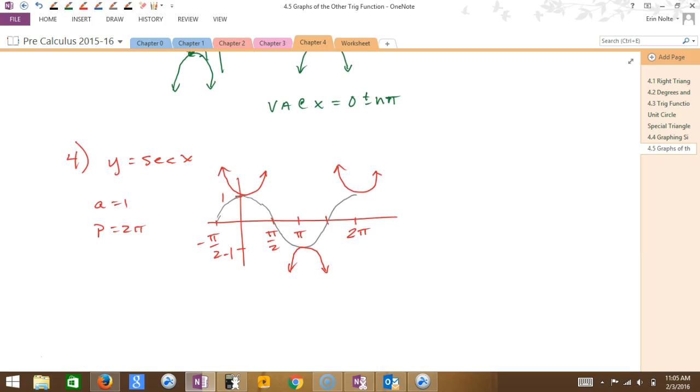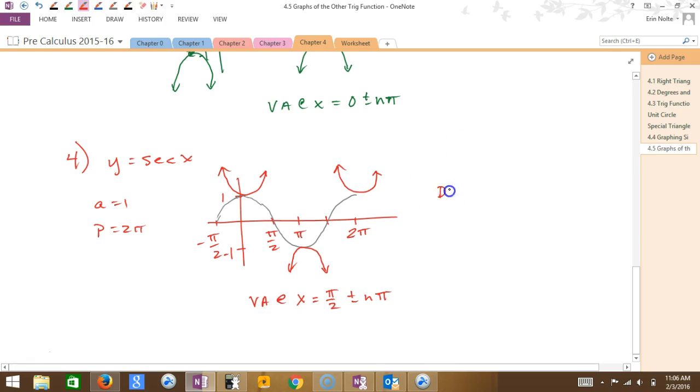Okay, so vertical asymptote for this one, where's my first one? Pi over 2. So pi over 2 plus or minus n in 2 increments is a distance of pi.